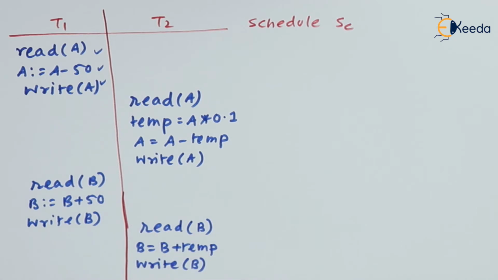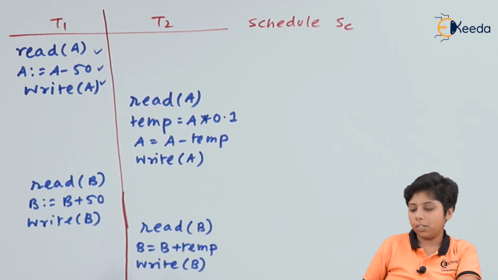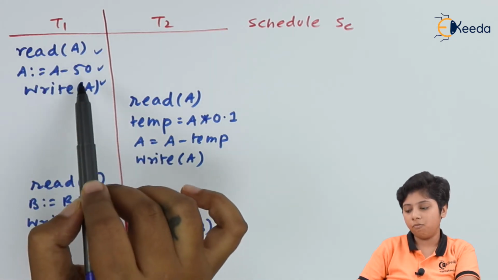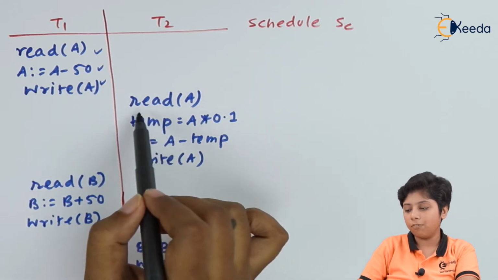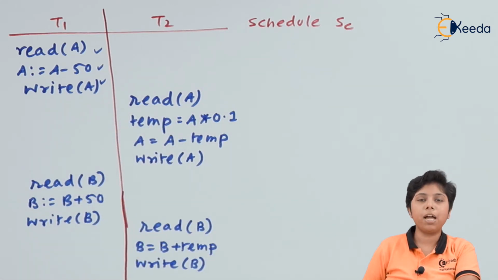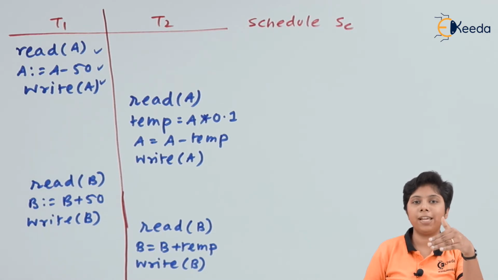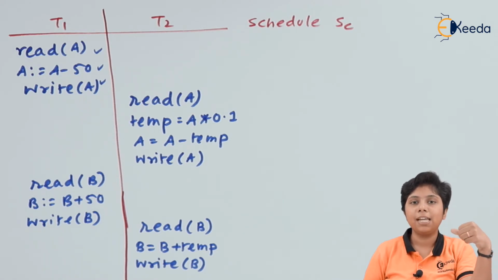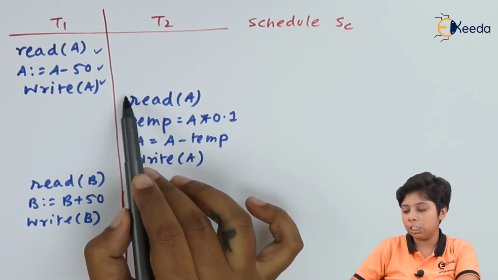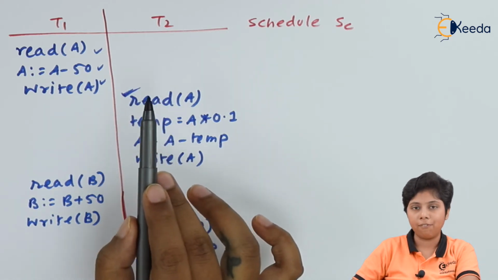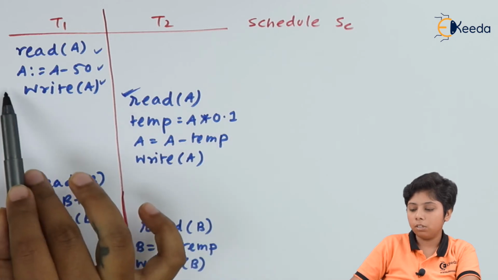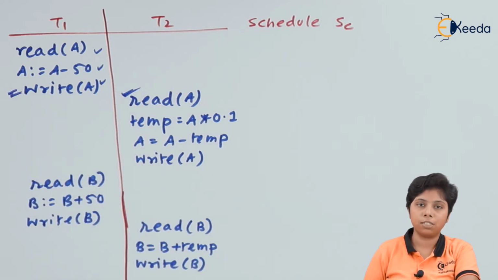So here we can see read A, subtract 50, then write A, and after that read A. When we have a concurrent execution, other than preserving the ordering of the operations inside the schedule, another thing we need to maintain is that if a transaction has any read, it should follow the write operation of another transaction.